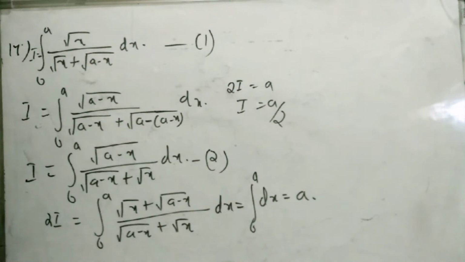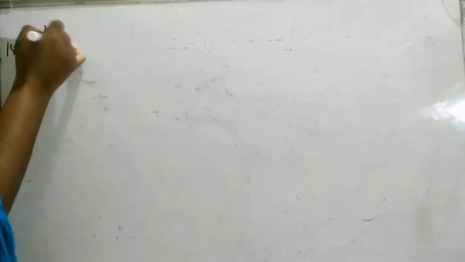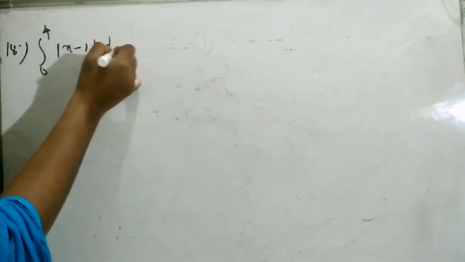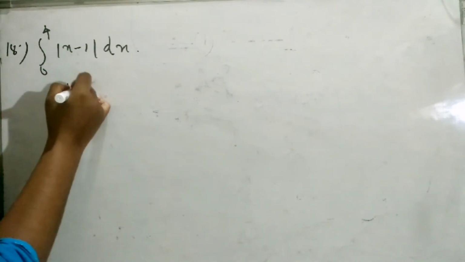18th question. Integral 0 to 4 mod x minus 1 dx. So in this case also we have one modulus.